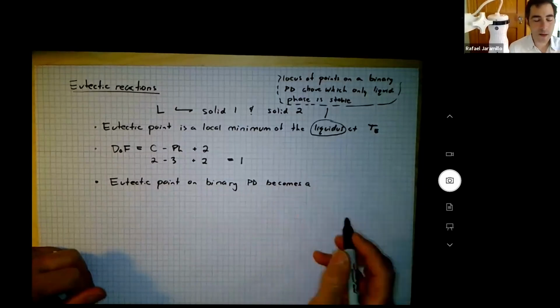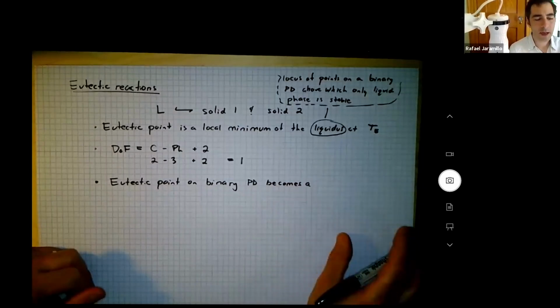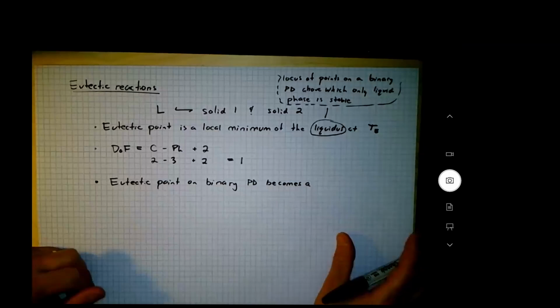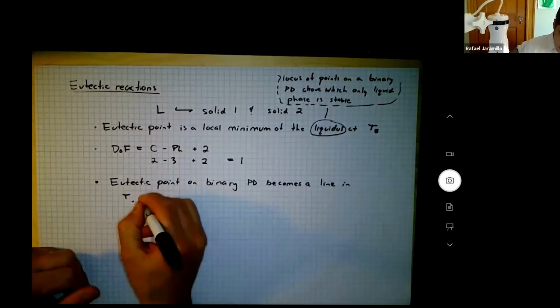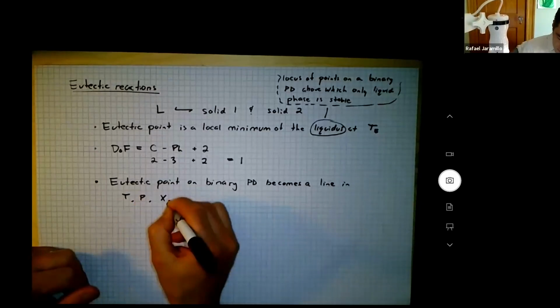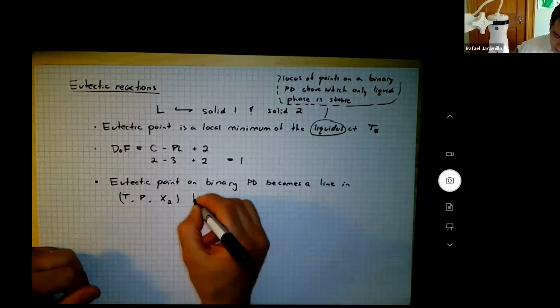What's a geometrical object with 1 degree of freedom? What do we call that? A line. It becomes a line in T, P, composition, higher dimensional space.